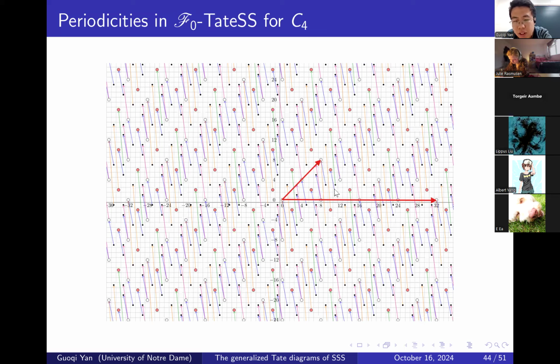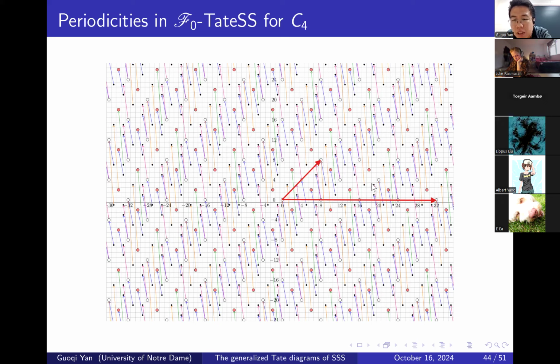So this 2 periodicity tells us that the essential information of this spectral sequence is contained in this parallelogram. There are 2 classes, and if we draw a parallelogram spanned by them, then all the differentials are contained in this parallelogram.